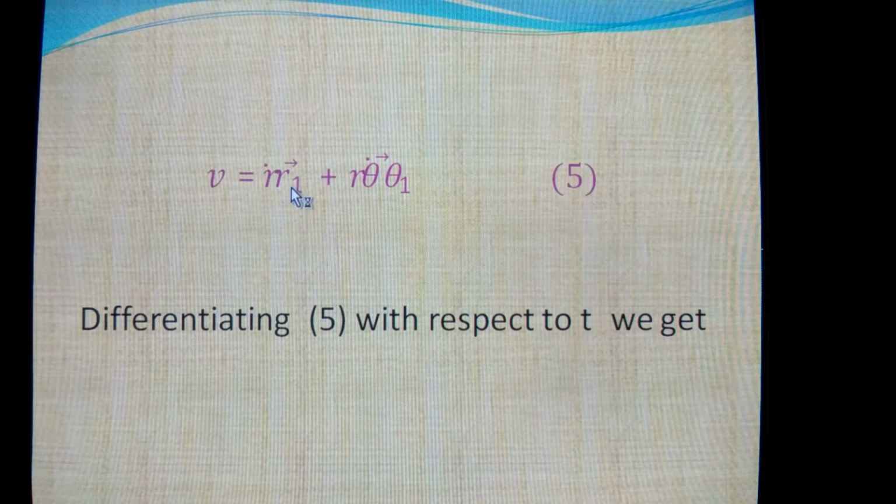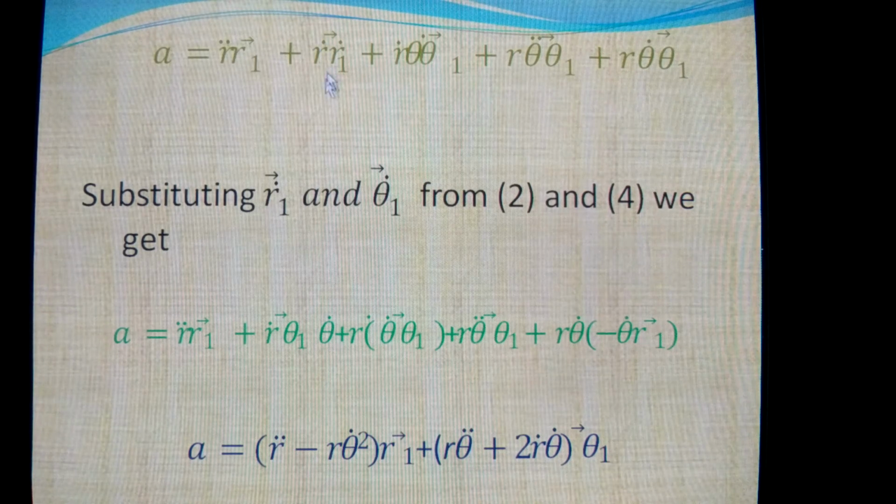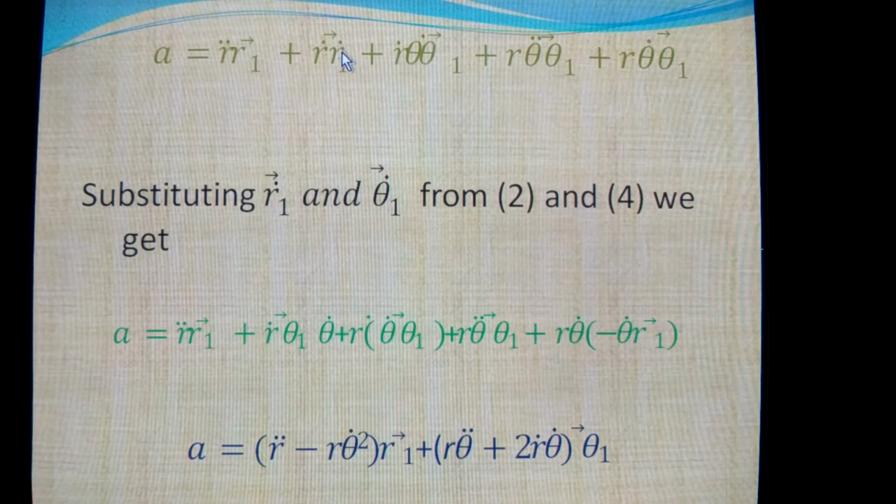To apply the product rule, keep the first term as it is, that is r1 bar, and differentiate r dot. When we differentiate r dot with respect to t, it gives r double dot. So that is r double dot, first term as it is, differentiate the second term; plus second term as it is, r dot, differentiate the first term, that is r1 bar dot.